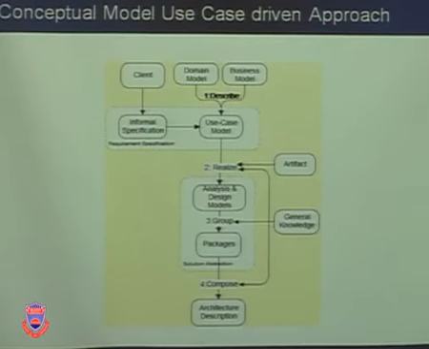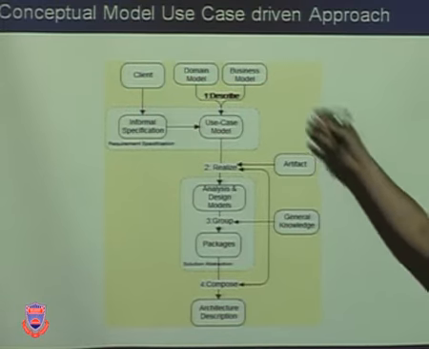This is the conceptual model. The client provides some requirement specification. Then we define the use case model using the domain model and business model. But it's a bit informal here.